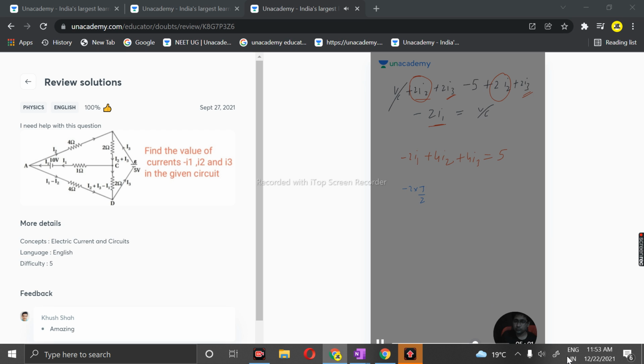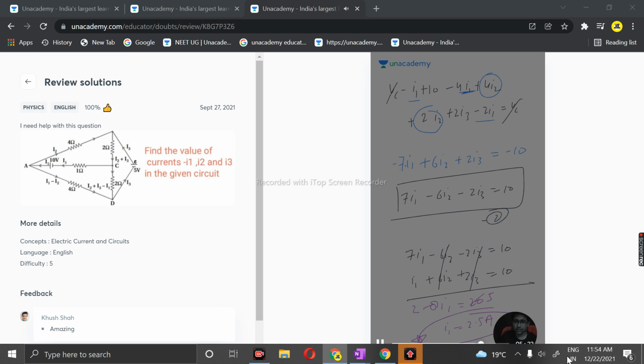So 5 by 2 plus 4I2 plus 4I3 is equal to 5. So 4I2 plus 4I3 becomes 5 plus 5, that is 10. So 2I2 plus 2I3 becomes 5. This is the equation which we are getting.